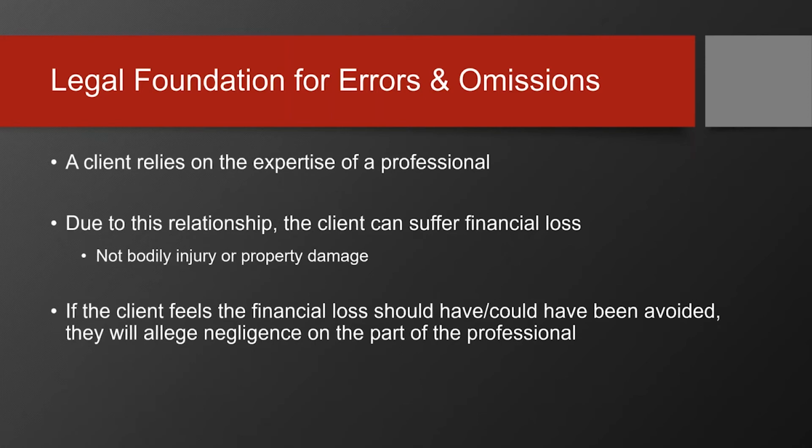And really, I think this next slide says that very same thing. A client relies on that expertise. Due to this relationship, the client suffers a financial loss. And I keep saying financial loss because the generic E&O form does not cover bodily injury and property damage. If you're relying on it to do so, don't.